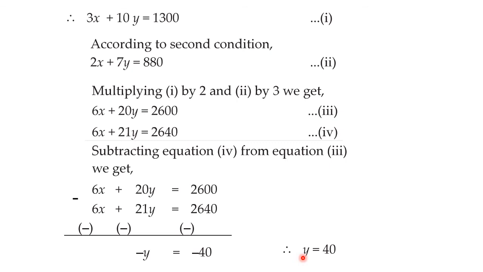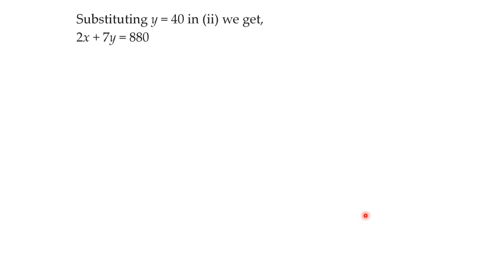Now let us put this value in any one equation, either equation 1 or equation 2. This value we can put here and we can get the value of x. So we are substituting this in equation 2 because it is smaller as compared to the first one. So substituting y is equal to 40 in equation 2.